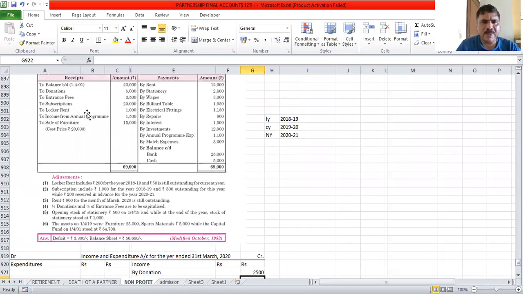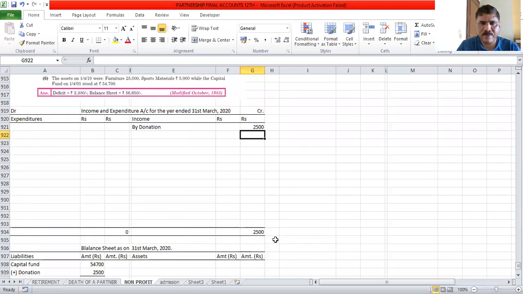Next, entrance fees 3,500. Again, adjustment number 4. Half of the entrance fees has to be capitalized. 3,500 into half. Calculate. How much does it come? 1,750.